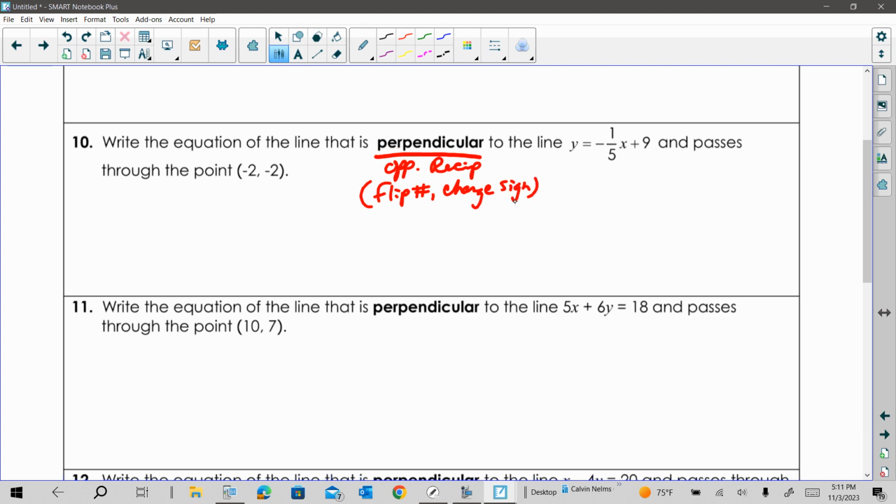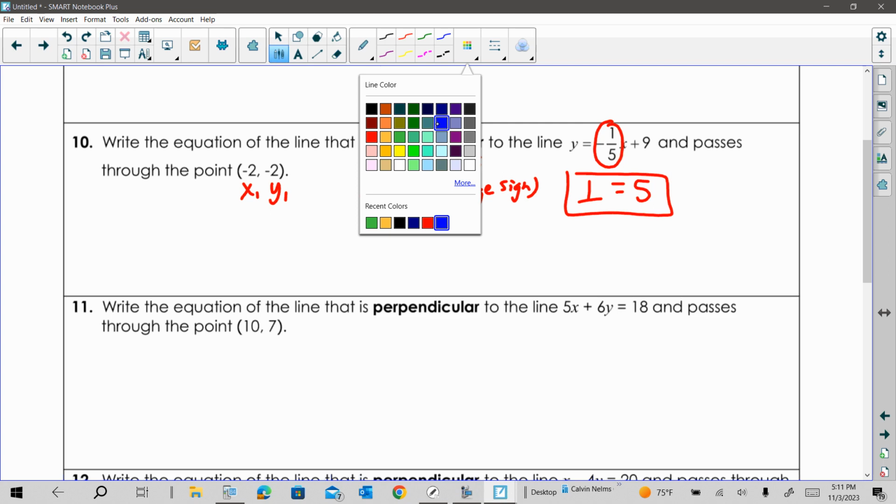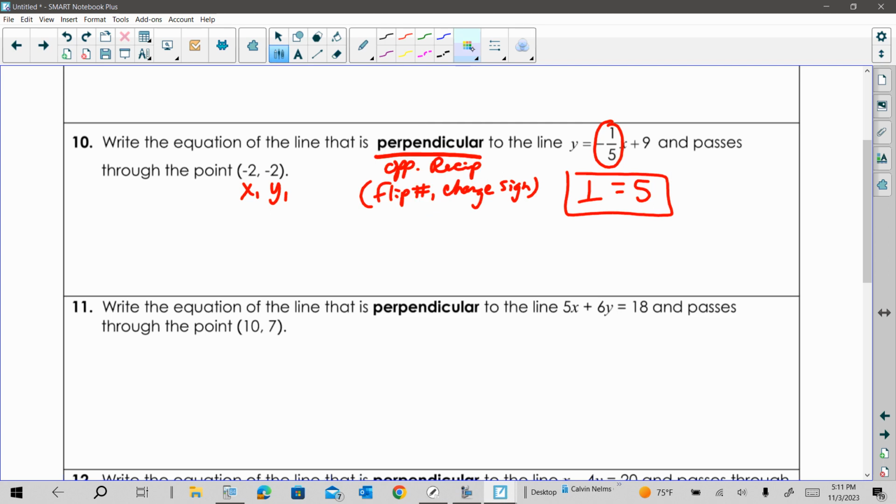So the slope on this equation is negative 1/5. The perpendicular slope would be positive 5. So we're using this slope and the point in point slope form. So this would be y plus 2 equals 5 (x plus 2).